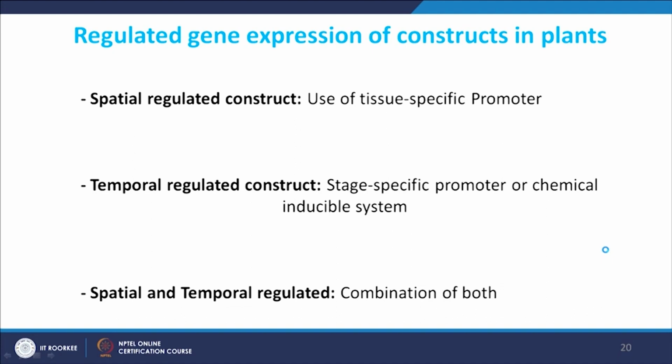For this, you can use a tissue specific promoter, a known promoter which is expressed in a particular organ. For example, you can use a leaf specific promoter and express a flower gene in the leaf, and look whether it can start some of the flower specific developmental program in the leaf. The second way of regulation is the temporal regulation construct.